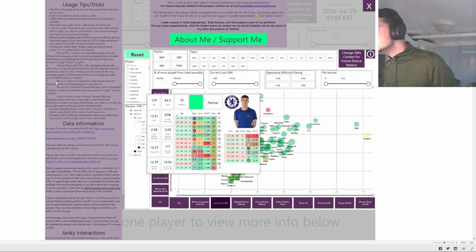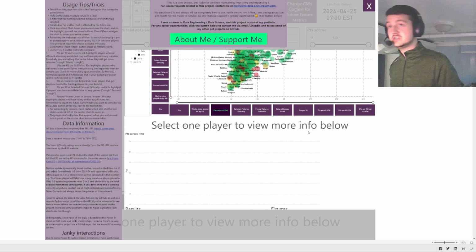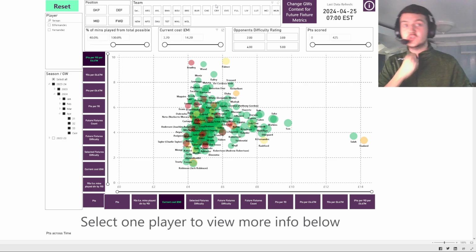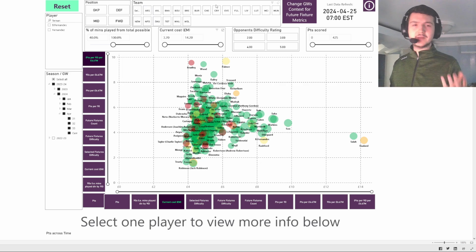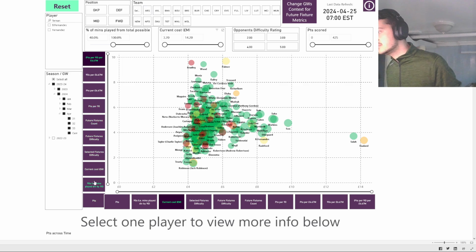Another useful metric is the 90s versus their cost. So you can see how many minutes players are getting. For example, let's say you've picked out your starting 11 players and you spent a lot of money on them. And for the other 4 players, let's say you have like 17 million or something. So not that much money. What you can do is go to 90s, and that's right here.